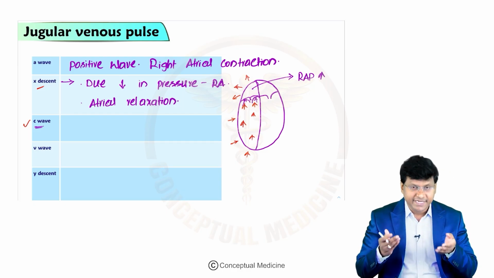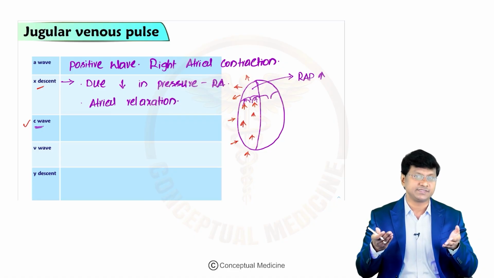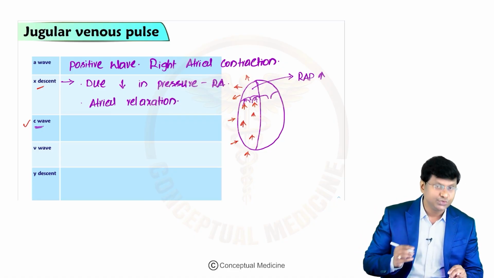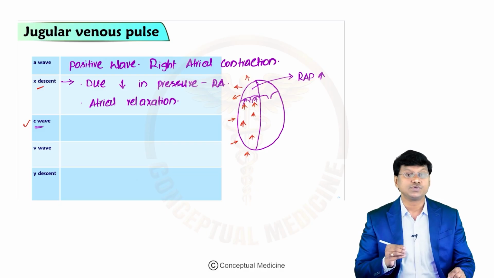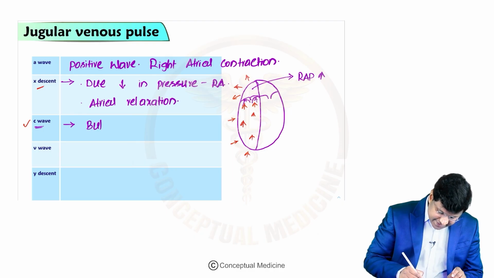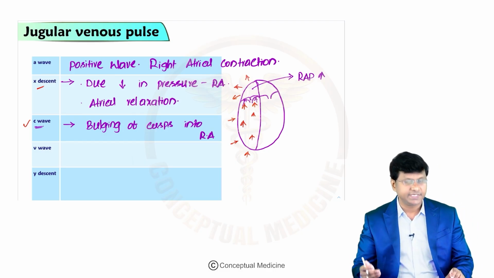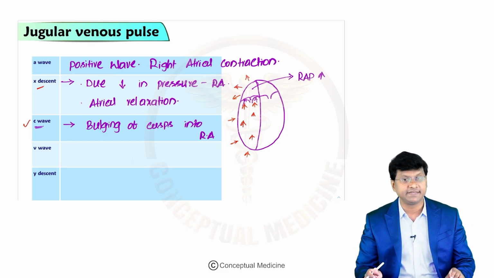Right atrial pressure further increases, and that will give rise to your C wave. So C wave is due to what? C wave is due to bulging of cusps into right atrium. That will cause increase in the pressure and that will result in the development of the C wave.